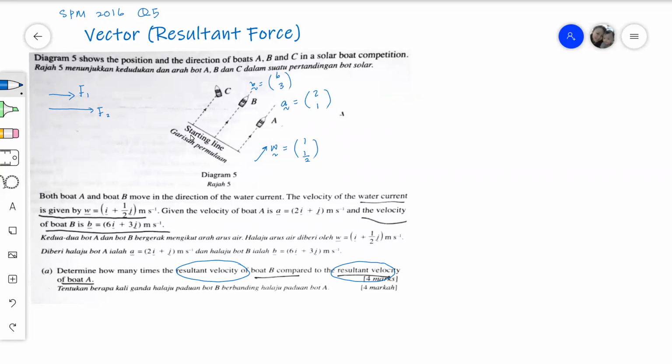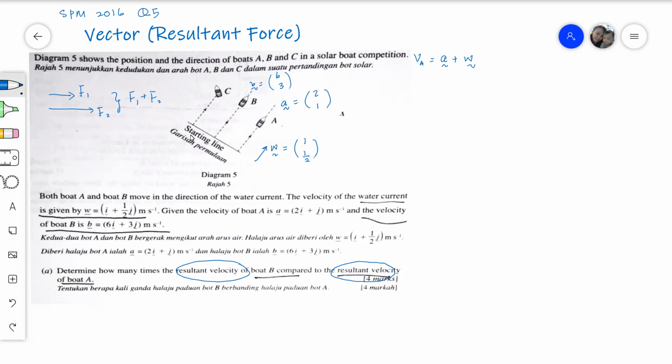Therefore, the resultant force will be F1 plus F2. Likewise, in this question, to find the resultant velocity of boat A, we just need to take the velocity of boat A itself plus the velocity of the water current, which helps to speed up the movement of boat A.